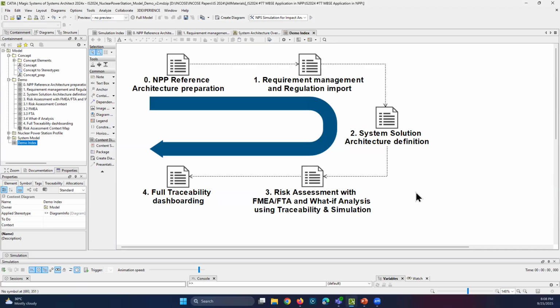One very important aspect of performing the risk assessment is that problems will be identified. And once a problem is identified, we need to introduce mitigation actions, right? They always turn into mitigation requirements or safety requirements that need to be satisfied.